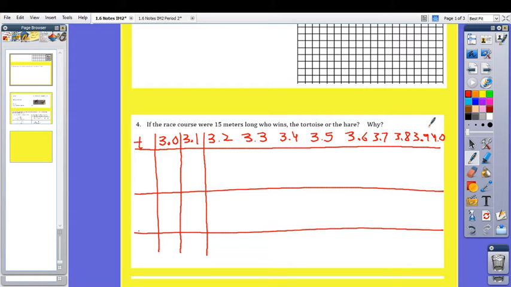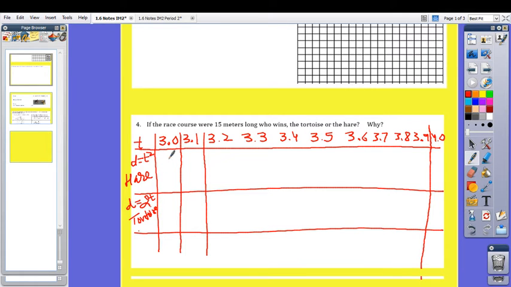What we already know so far is that their distance formulas are T squared for the hare and 2 to the T for the tortoise.